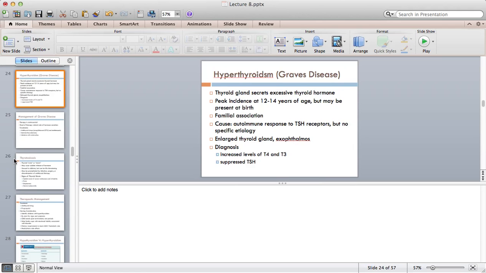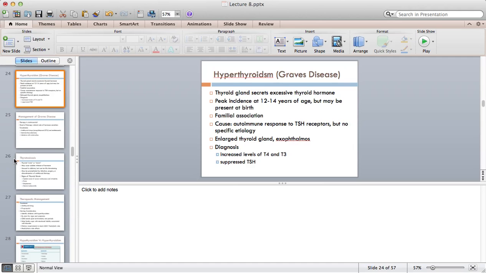And as part of that enlargement, you see on the next slide a big swelling that will accompany the protrusion of the eyes, the exophthalmos. So, protrusion of the eye.